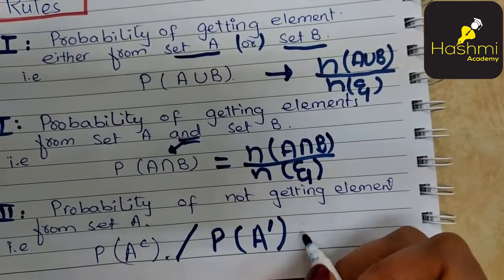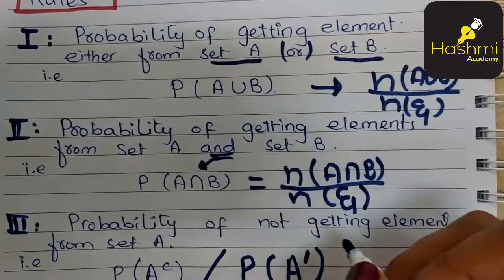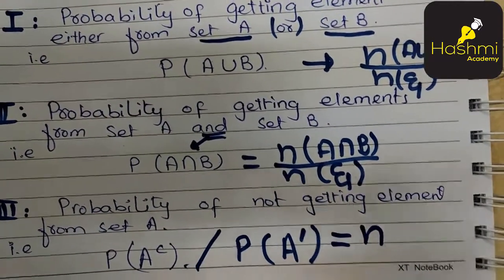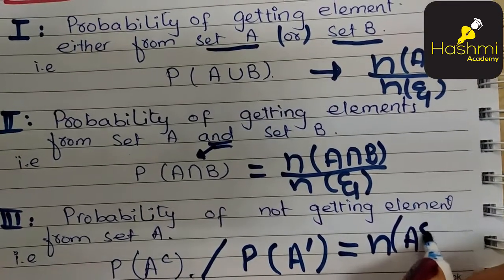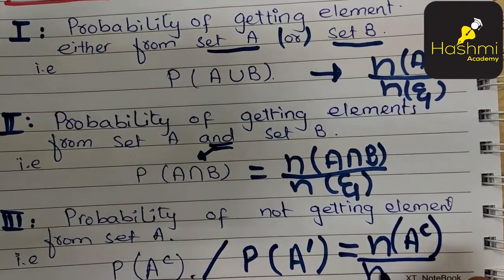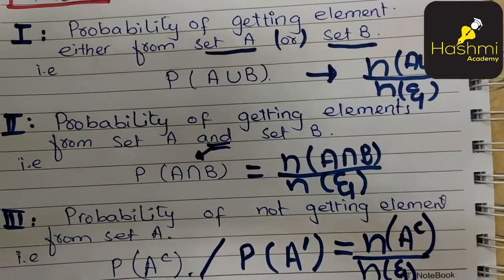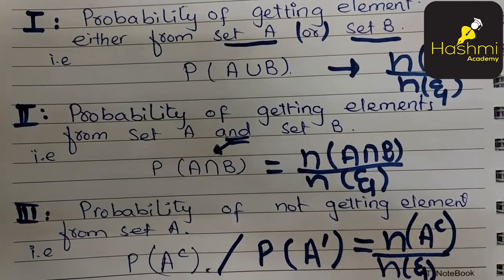Pause the video and do the complement by yourself. It means you have to find the number of elements present in A complement divided by the number of elements present in the universal set.